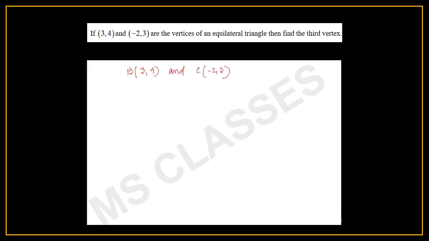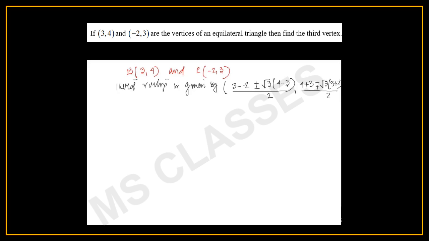So the third vertex is given by x1 plus x2, but here it is minus, so plus into minus will be minus, plus minus under plus minus root 3 into 4 minus 3, whole divided by 2, comma, 4 plus 3 minus plus root 3 into 3 plus 2, whole divided by 2.